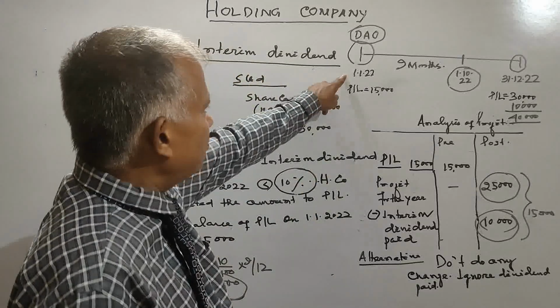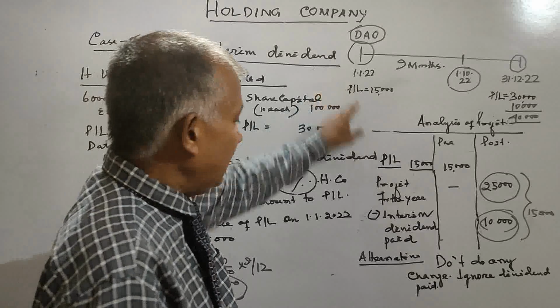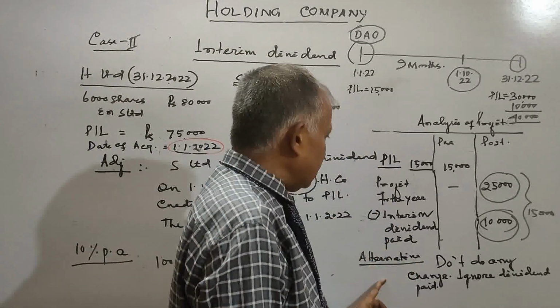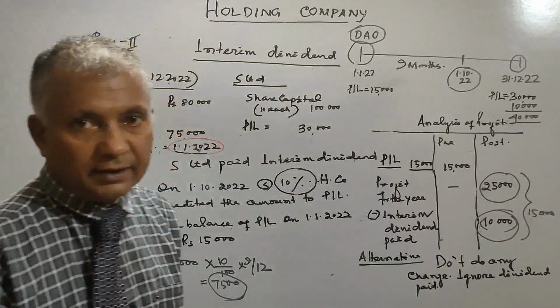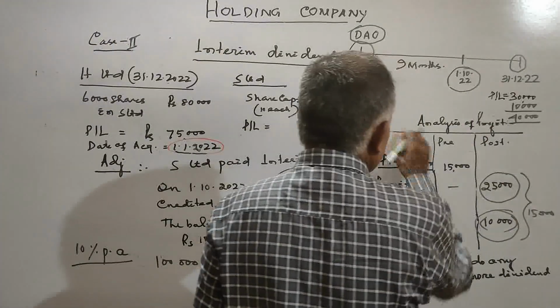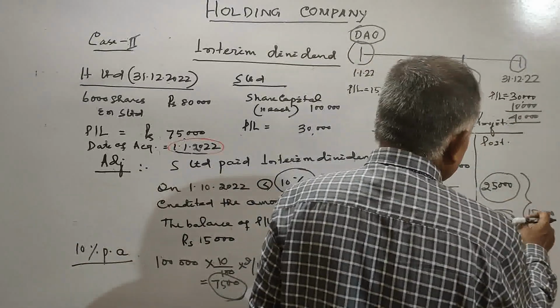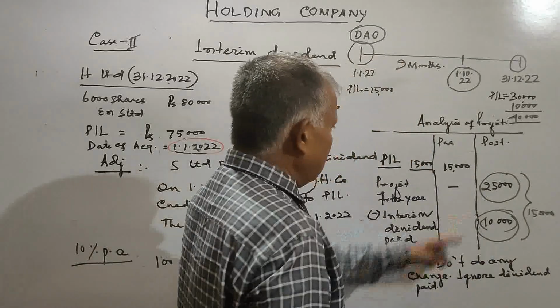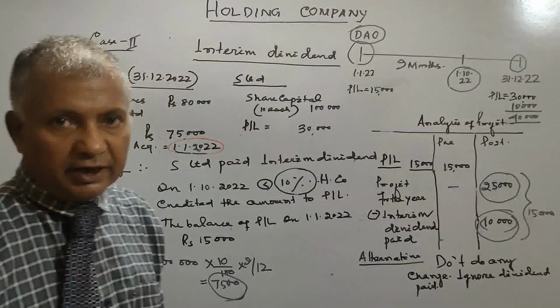Alternatively, if the date of acquisition is at the beginning of the year, you can don't do any change, ignore dividend paid. You need not make any change. Just 15,000 here, write profit during the year again 15,000. Because 25 minus 10, the effect is only 15,000.